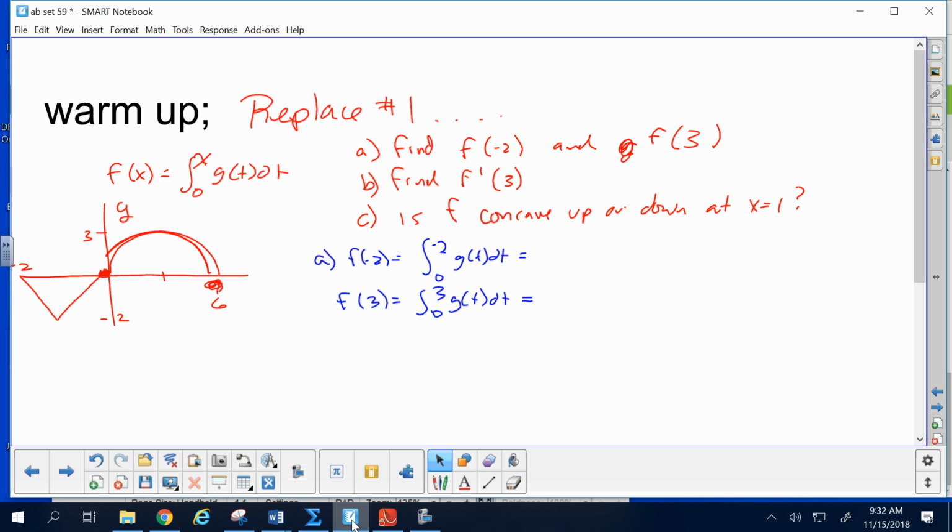All right. So would you agree that f of -2 means the area accumulated from 0 to -2? That's got a whole ton of negativity going on. Because you're going from a greater number to a lesser, dt is negative. That's kooky. So the first thing I do anytime I have switched limits is I switch them back so they're going, quote unquote, the right way, at least in my mind.